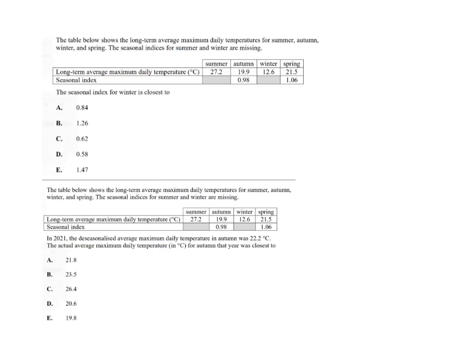Okay, the table below shows the long-term average of maximum daily temperatures for summer, autumn, winter and spring. The seasonal indices for summer and winter are missing. The seasonal index for winter is... This is obviously out of a trial exam, and because the exam question we just did was done, I'll give you a little bit of time. You go do it.